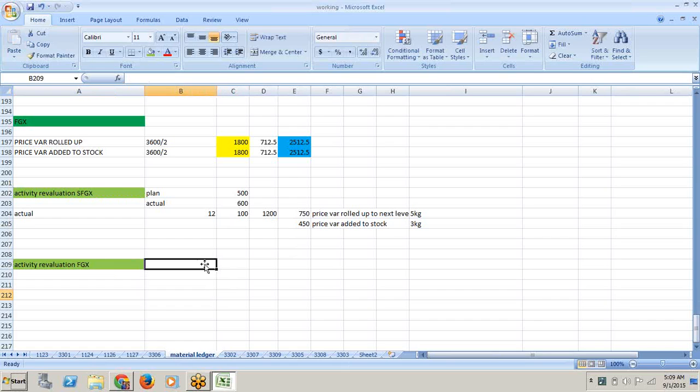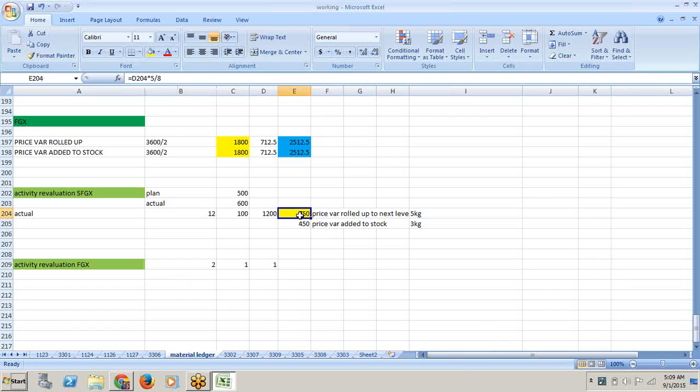Here, we are manufacturing 2 kgs. Out of 2 kgs, one is already sold and the other we are keeping as stock. So in manufacturing 2 kgs, the cost rolled up from SFGX, 750, should be added to the finished product.